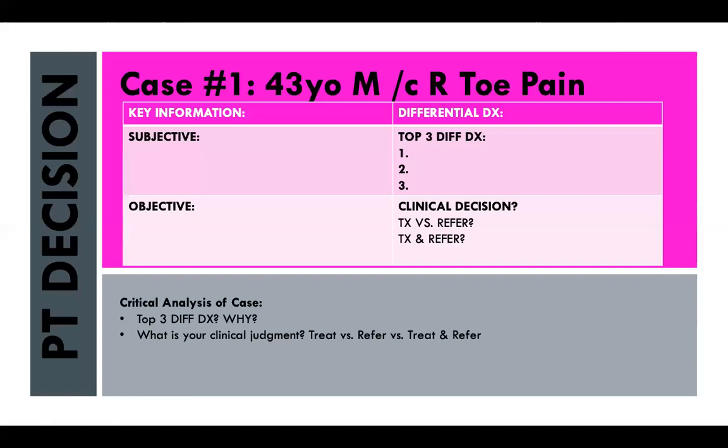So at this point, we're thinking gout might be possible, but it could just be a toe sprain. So our productive physical therapy management at this point, we could make a case to refer right away to get a little bit further testing from a primary care physician likely. Or we could propose conservative physical therapy treatment, rest, continue with ice, see if he gets better.